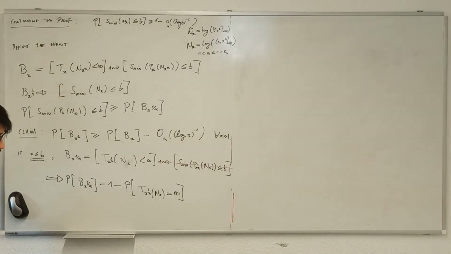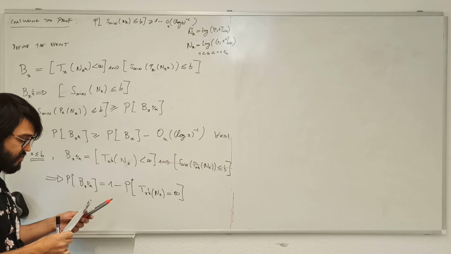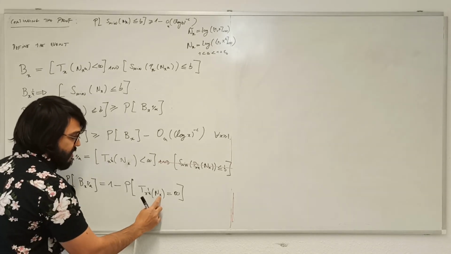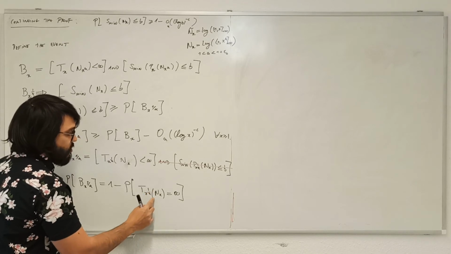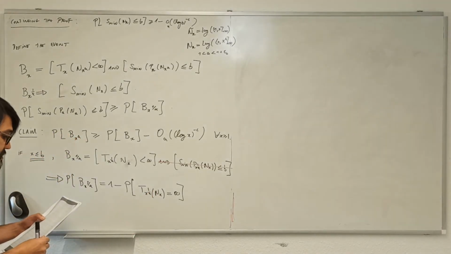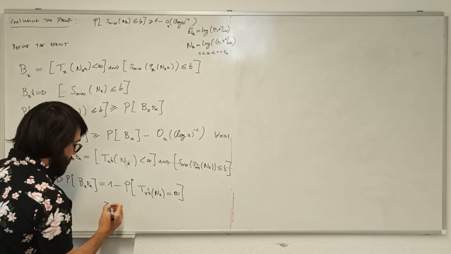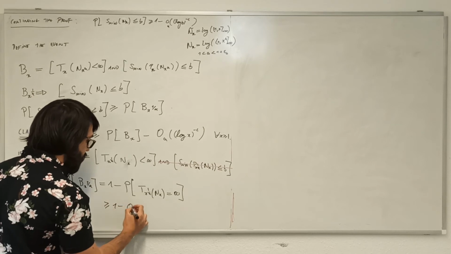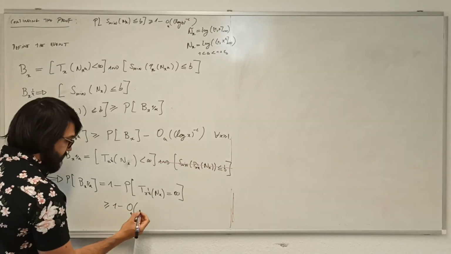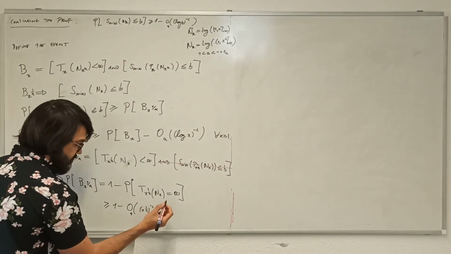And that's exactly in the form of the proposition, except that in here I had x and x to the alpha, which will be the same as x to the 1 over alpha. So this would be greater or equal than 1 minus O of something that depends on alpha, of x to the 1 over alpha to the minus c.